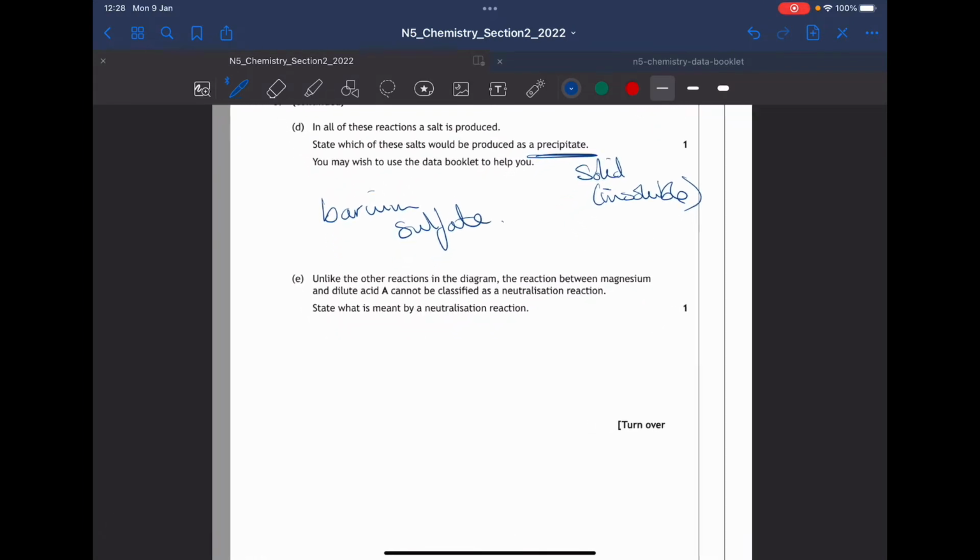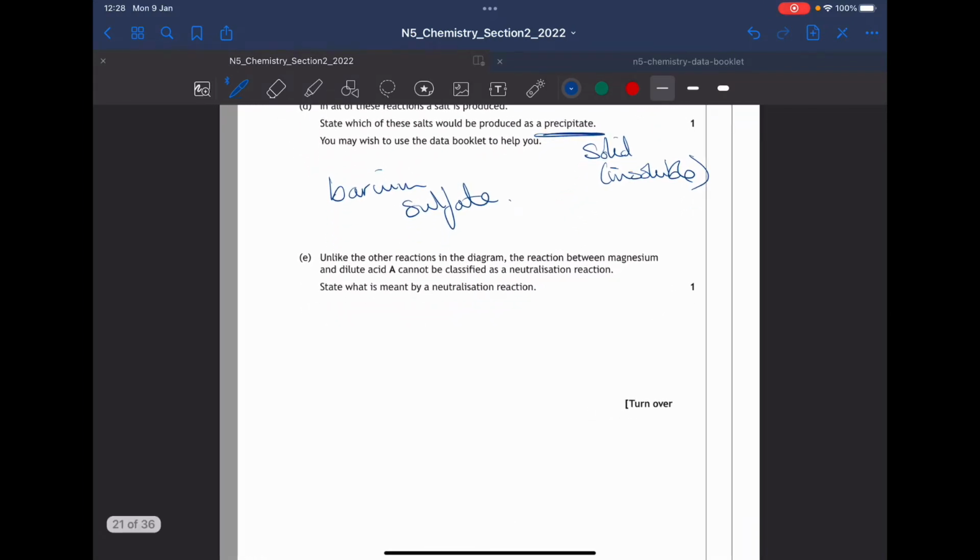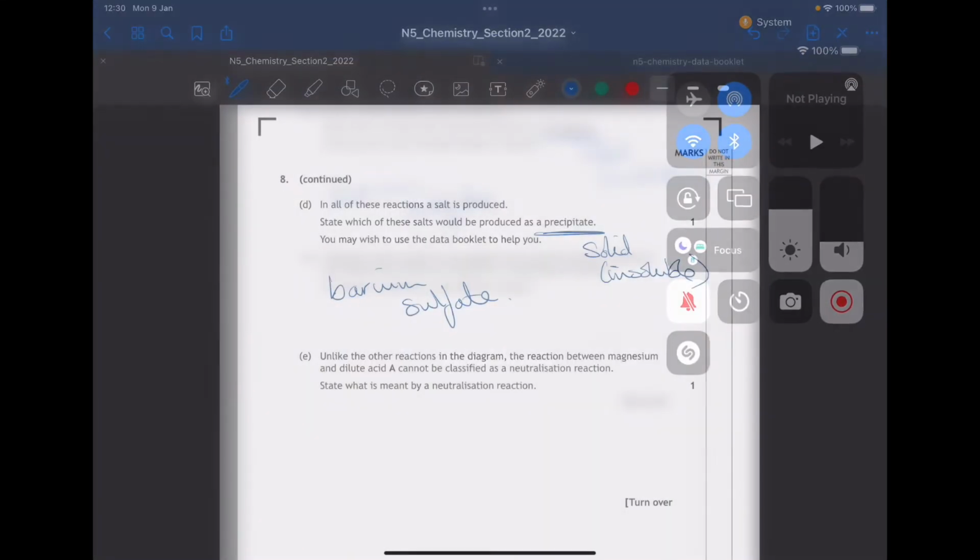Anyway, moving on. So, unlike other reactions in the diagram, the reaction between magnesium and dilute acid cannot be classed as a neutralisation reaction. State what is meant by a neutralisation reaction.